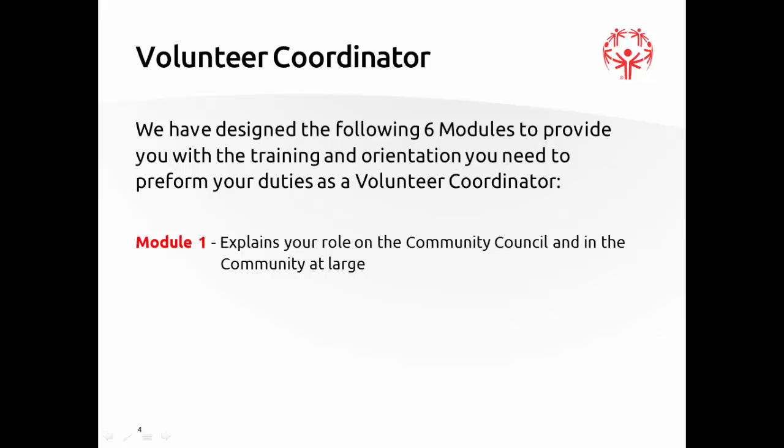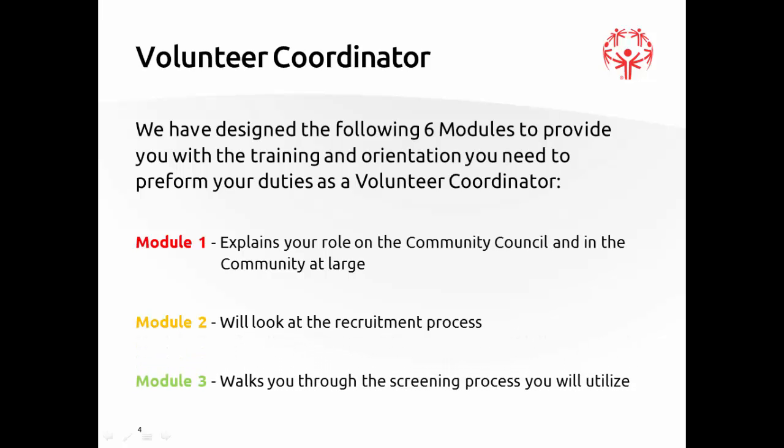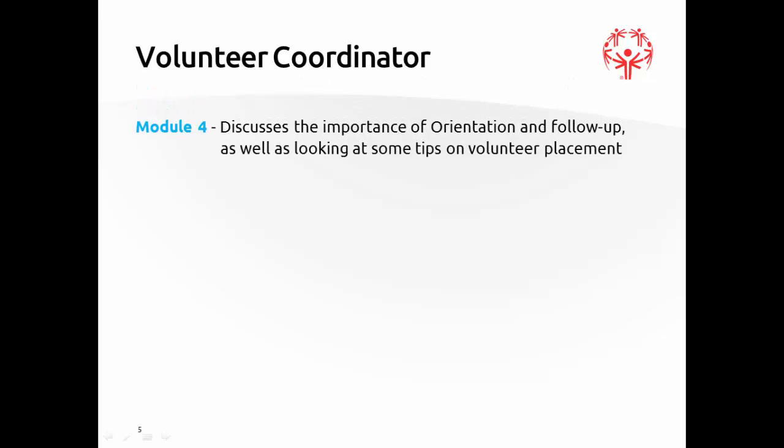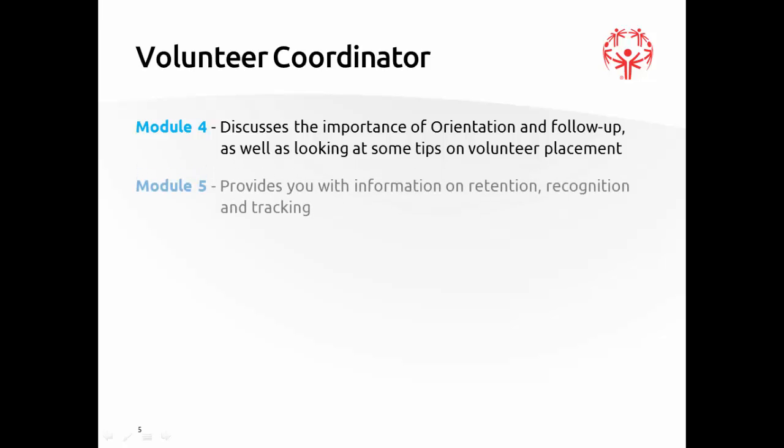Module 1 explains your role on the Community Council and in the community at large. Module 2 will look at the recruitment process, ongoing and emergency. Module 3 will walk you through the screening process you will utilize. Module 4 will discuss the importance of orientation and follow-up, as well as look at some tips on volunteer placement.